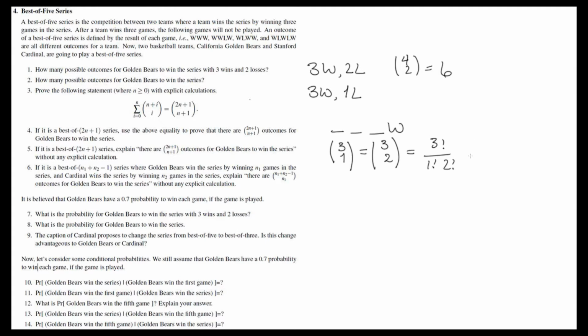And so this will be equal to 3. Then we also have the 3 win, 0 loss case, but this is just win, win, win, and there's only 1 of these. So in total we have 6 plus 3 plus 1 equals 10 different outcomes for the Bears winning the series.